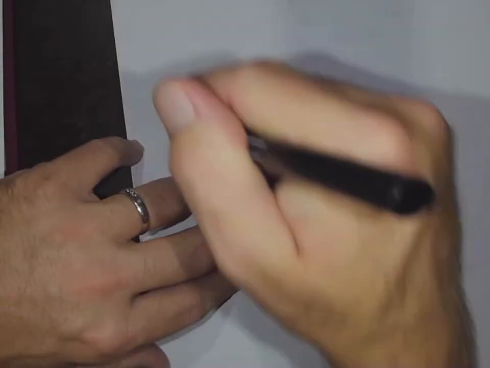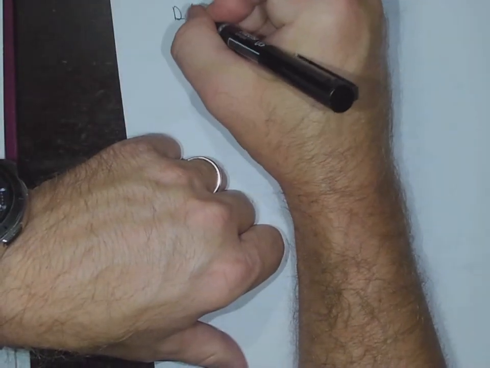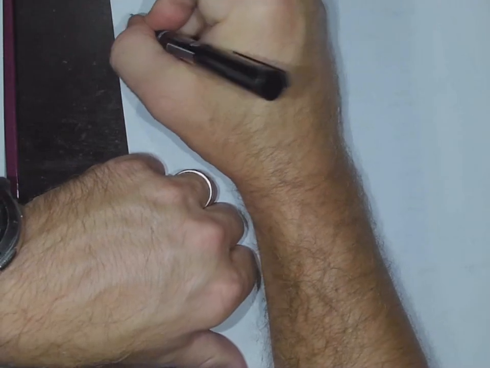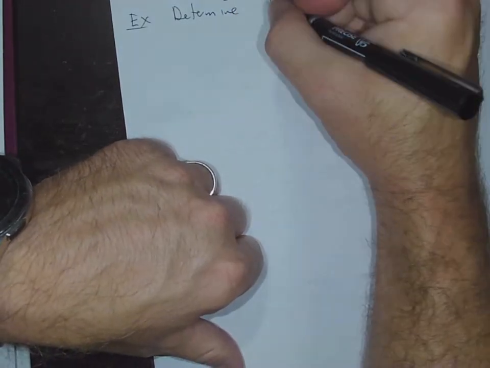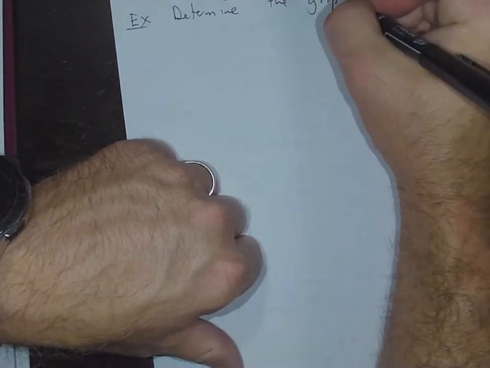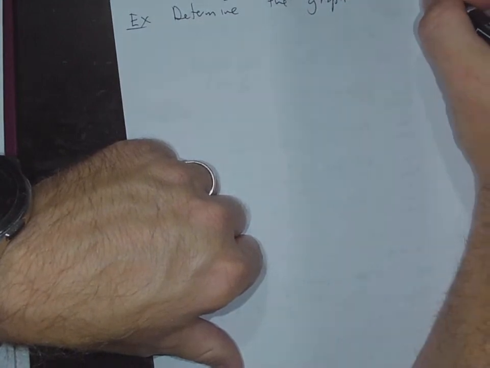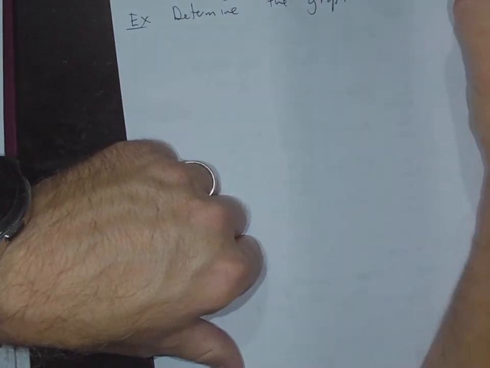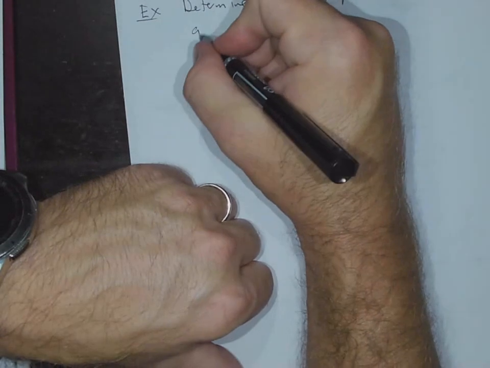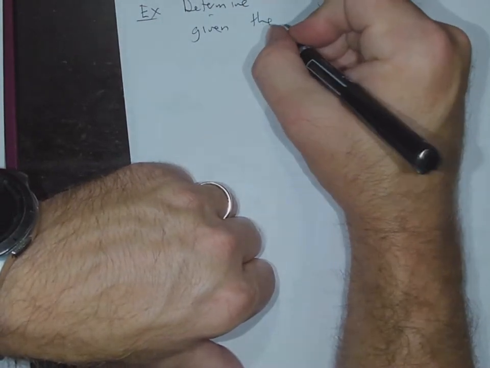The next thing I want to do is just from a graph. Example: determine the graph of the derivative given the graph of f.